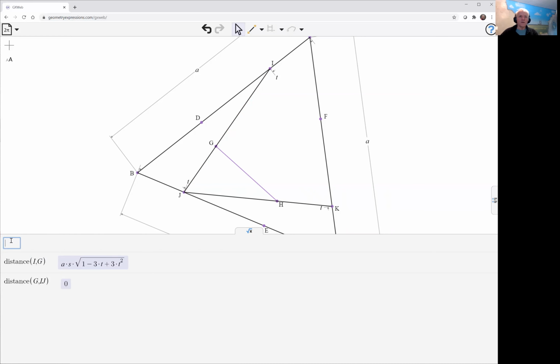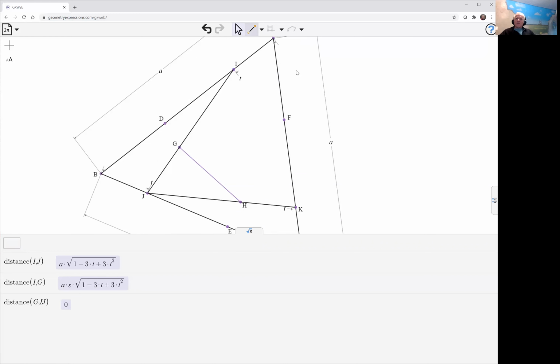Okay, and then let's look at distance IJ. That's the complete length of that line. Well, it's almost the same, but you see that IG is S times that. So this is proportion S along this line, which is the same proportion as D is along this line.